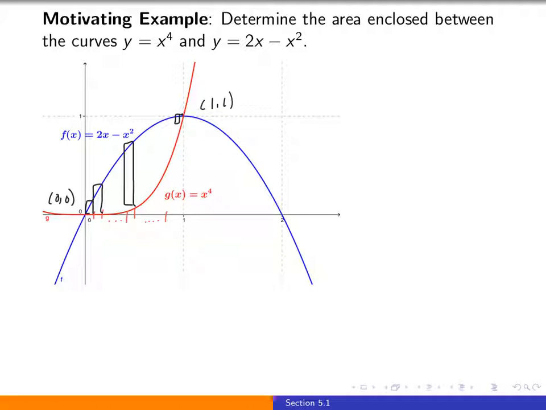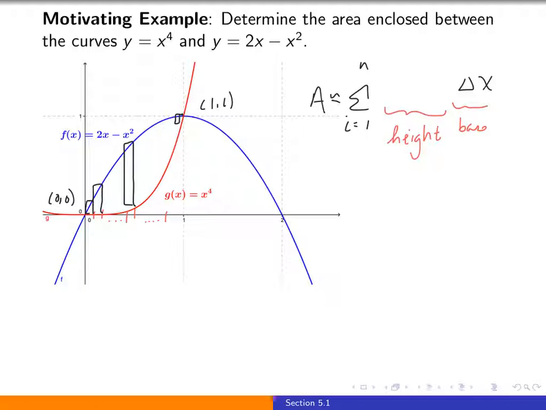And then we add up the areas of those rectangles, and that's going to give us an approximation. So we would say the area enclosed here would be approximately the sum from i equals 1 to n. And then what we need to do is multiply the height of one of these rectangles by the length of its base. So the length of the base is going to be delta x, as it was before, b minus a over n.